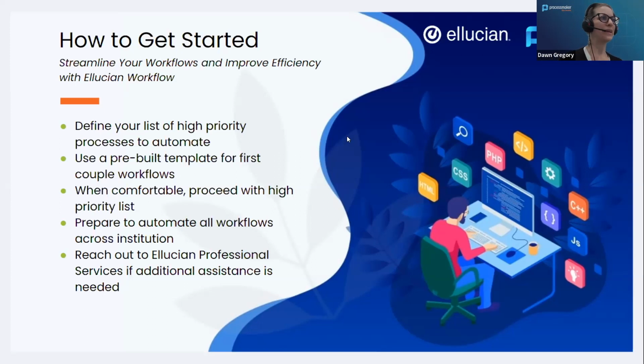So that's a great way to get started with just a priority list, and making sure that you have that set, things that you'll be successful with, and then you can have that list to move forward on what you could automate.